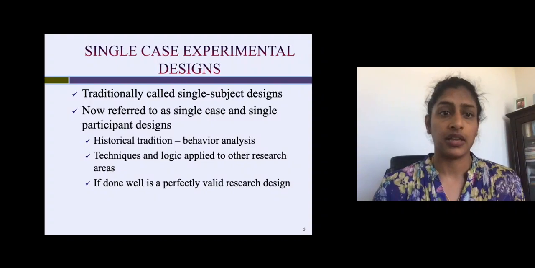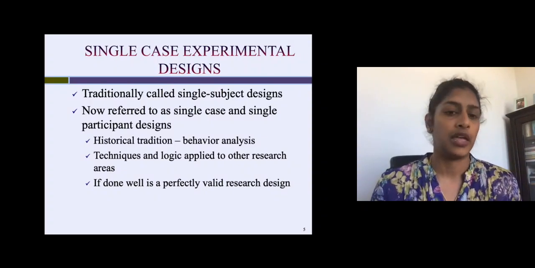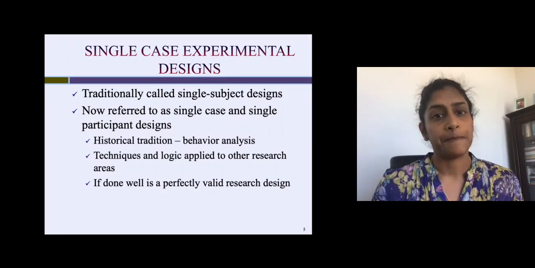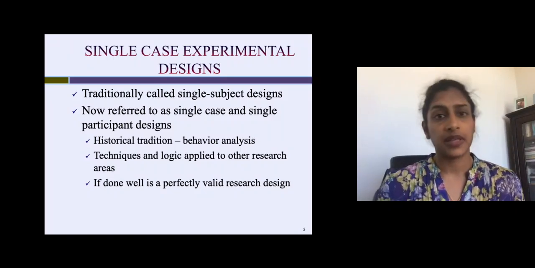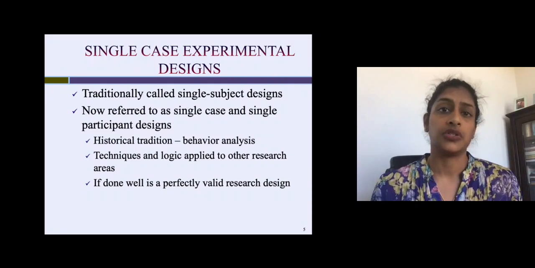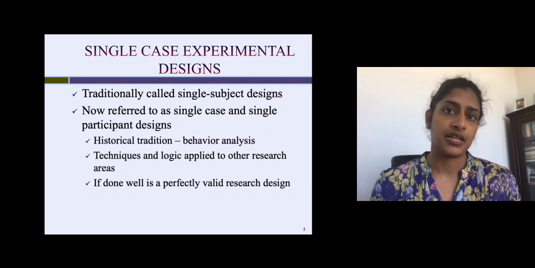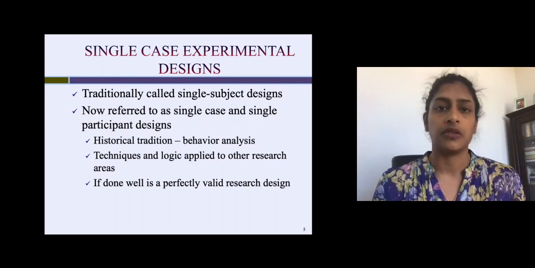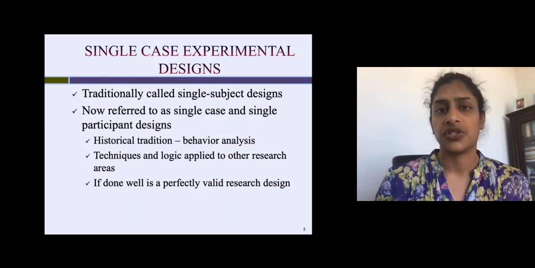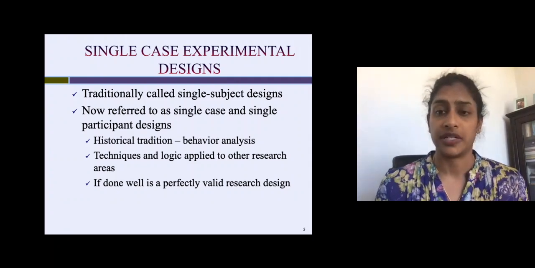So historically, we may have done these types of research in terms of behavioral analysis. And while we don't typically see it often, it is a perfectly valid research design. And part of it is because we don't do that many case studies anymore. If we're going to be devoting the resources to a research study, we typically are collecting data on a large number of participants.